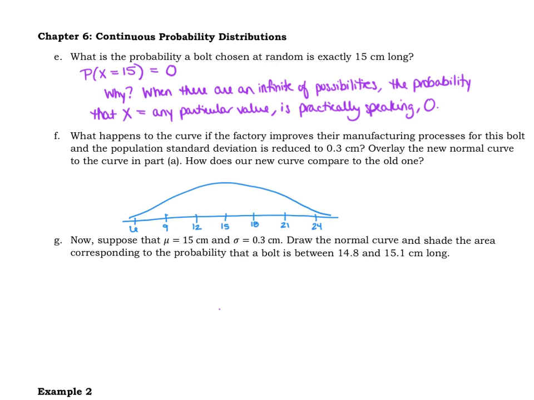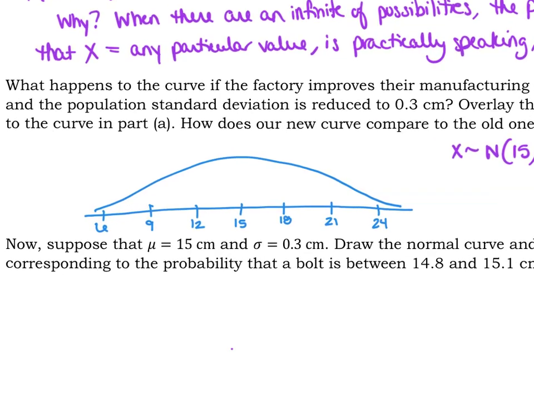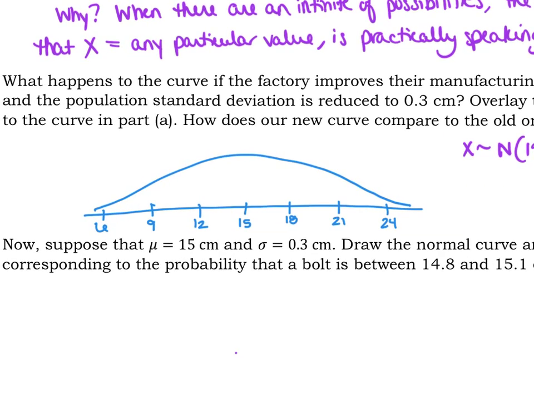So our new one is going to be normally distributed with a mean of 15 and a standard deviation of 0.3. So that means, if we're going to blow this up here just a little bit, 0.3, so now, all right, there's my 3 standard deviations.